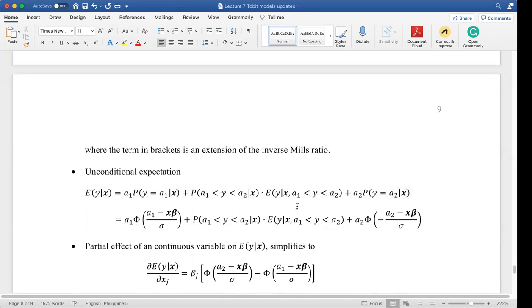This is when you are at the lower limit. The third term is if you're at the upper limit, and this is this.